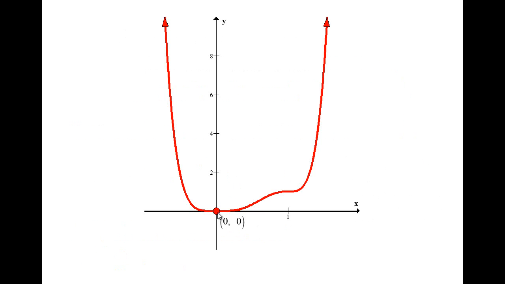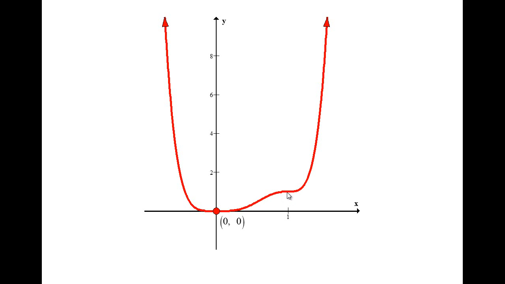Notice that on the left side of 0, the function is decreasing. On the right side of 0, the function is increasing. But notice what's happening at 1. Something interesting is happening here. On the left side of 1, the function increases, and then right at 1, the slope becomes 0, but then it keeps increasing again.